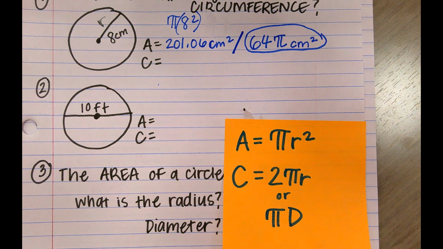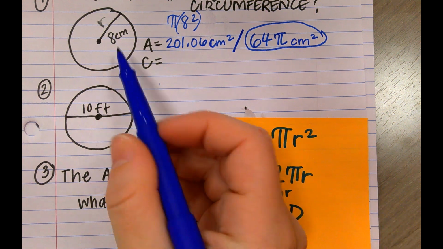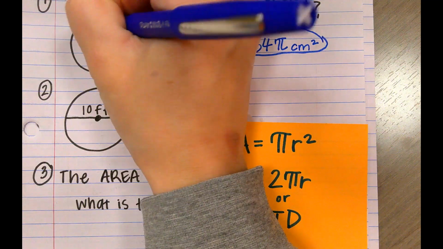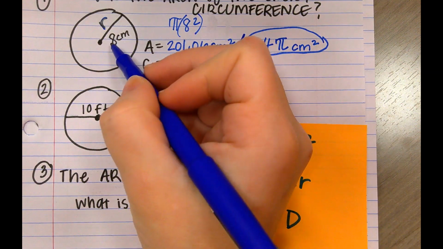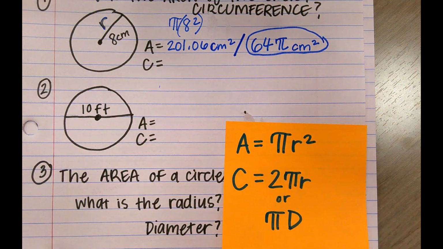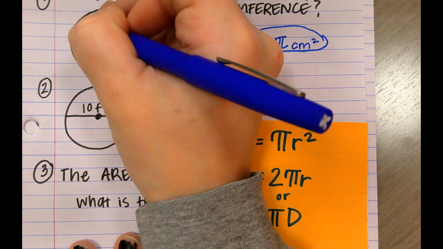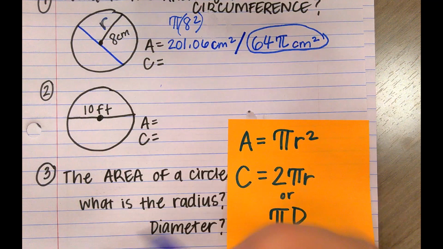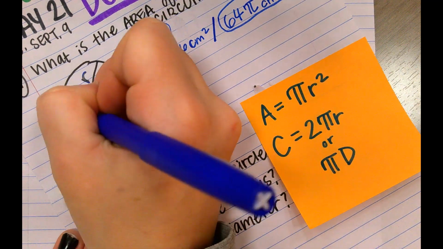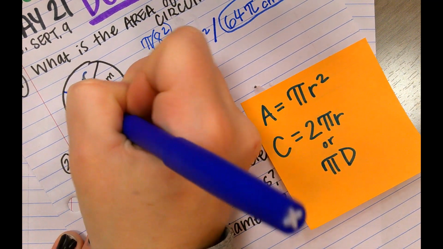So actually you could use both. I know that the radius is 8 centimeters. So quick math, what would the diameter be? 16, because 8 plus 8 is 16, or 8 times 2 is 16.